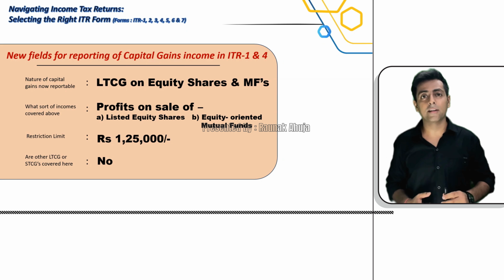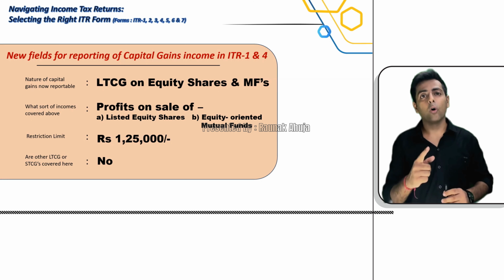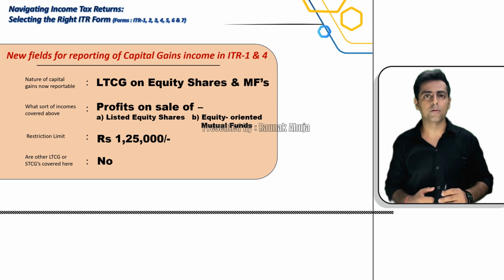What's the nature of capital gains that can be included in ITR 1 and ITR 4? All the long-term capital gains on equity shares or mutual funds can be included in these ITRs. Now, what precisely gets included in LTCG?